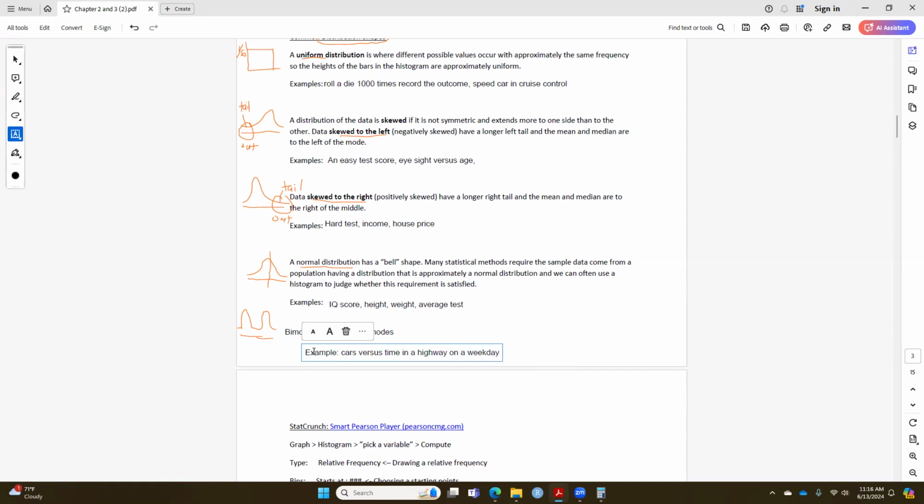What I mean in this case is, if you go to use a freeway between 7, 8, 9, 10 a.m., you do not want to use it because everyone's going to work. So it's high. And then between 10, 11, 12, 1, 2 o'clock, the frequency of cars using that freeway is not as high.